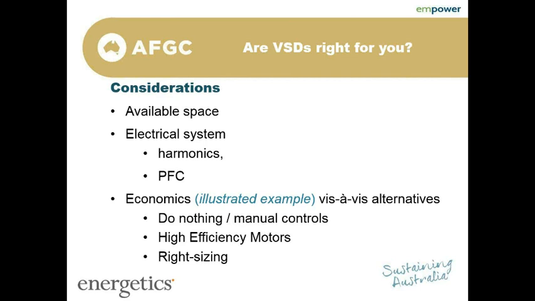If the load isn't really that variable, then maybe just installing a high efficiency motor, which is a particular type of motor that's labelled high efficiency, accredited as a high efficiency motor. Typically they have a 3 or 4% efficiency improvement over typical motors, so that may be a more cost-effective option for you.